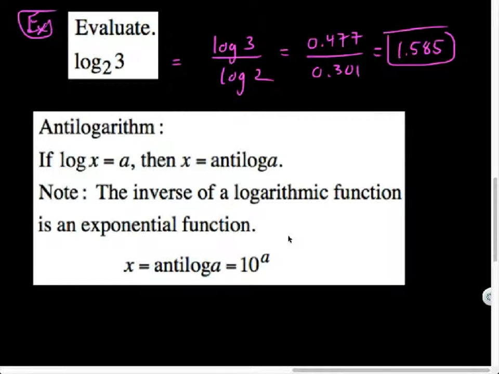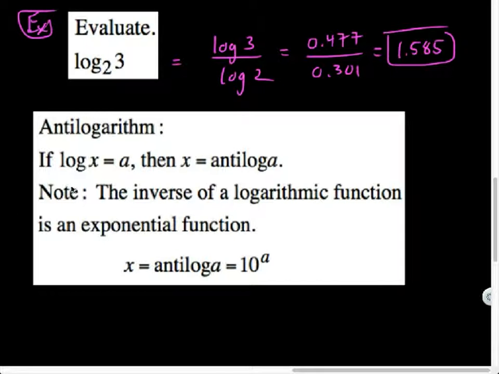So think about it this way. It's kind of like the enemy of my enemy is my friend sort of thing. The inverse of an inverse was the original function. So if I wanted to calculate what the anti-log of a number is, all I'm doing is calculating what 10 to the a power is. A as in the letter A, not 8 as in the 8th power. That's kind of a weird way to phrase it.